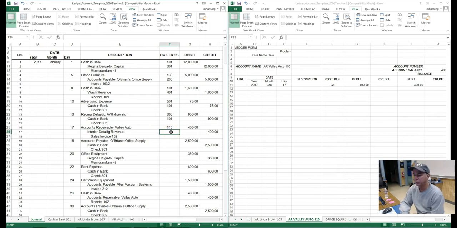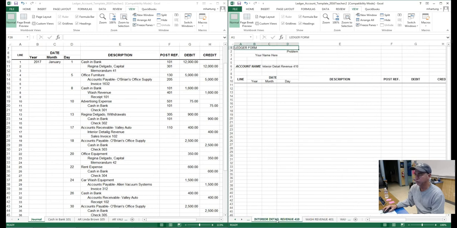Interior detailing revenue. That will be a 400. There it is. Yep. And that is on the 17th.